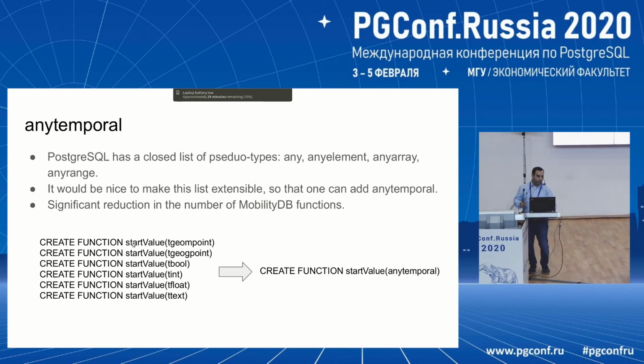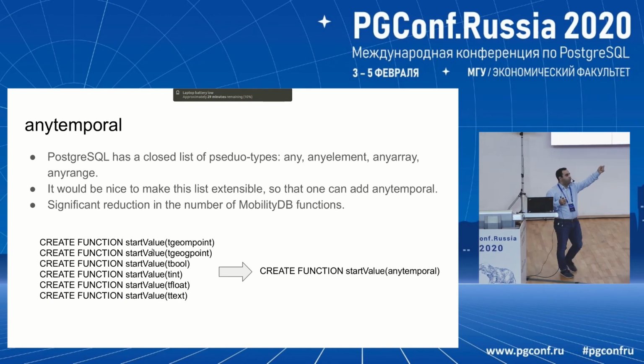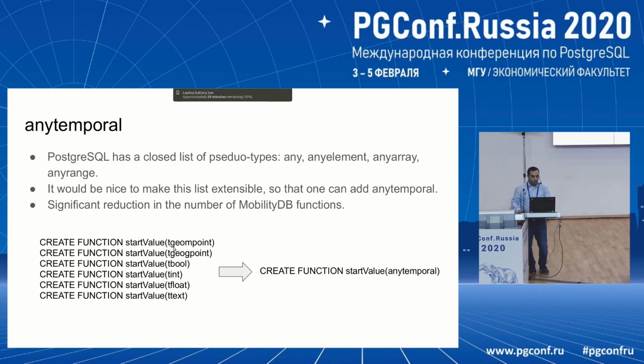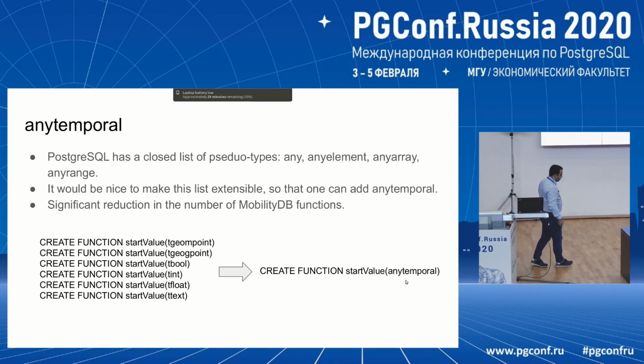Right now, for example, we have a function called start value to report the very first value of a moving type. We have to implement it 6 times just by copying the same code, only because the type is different. If we can say something like any temporal, then the size of the code is reduced.